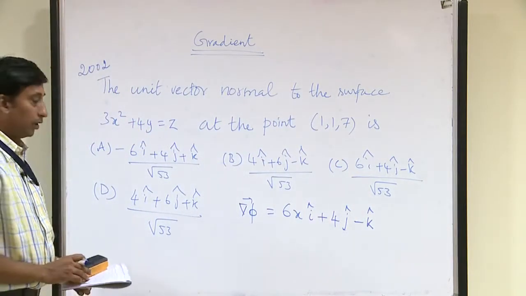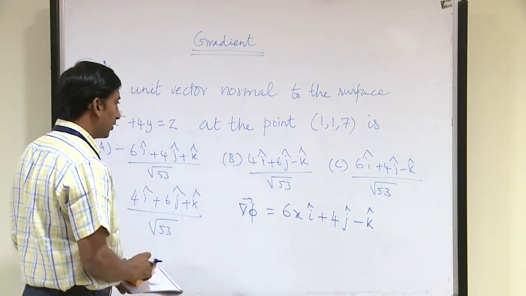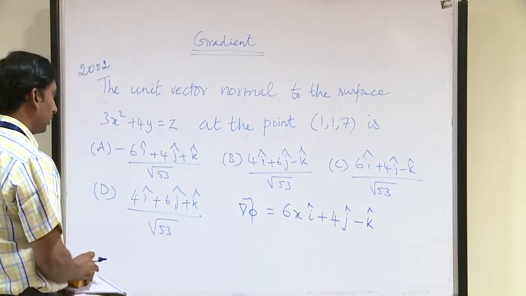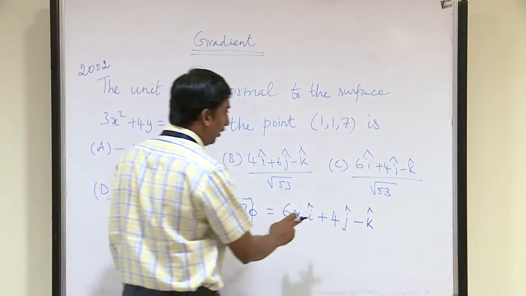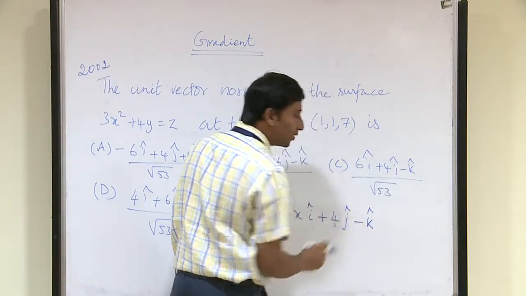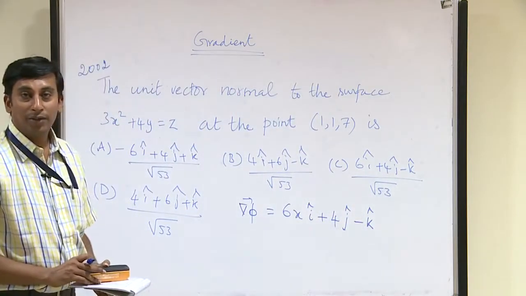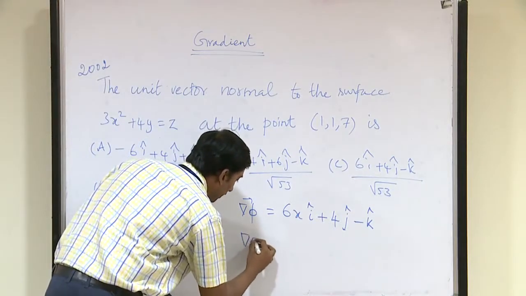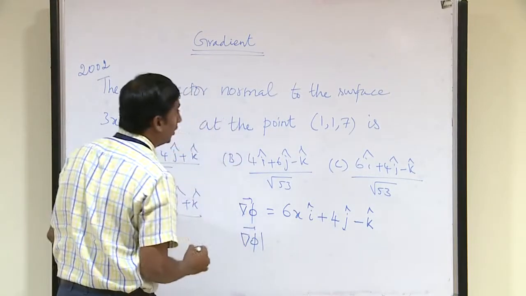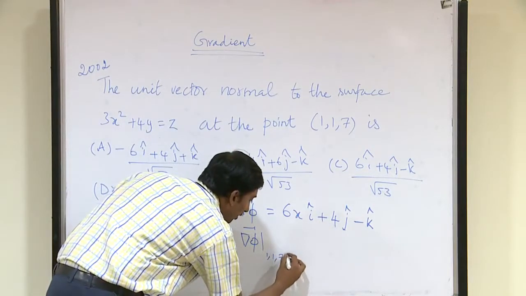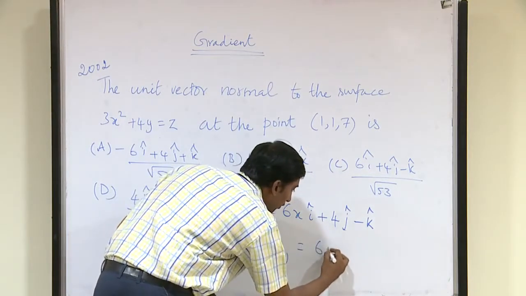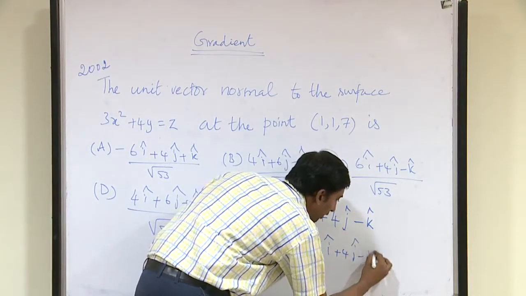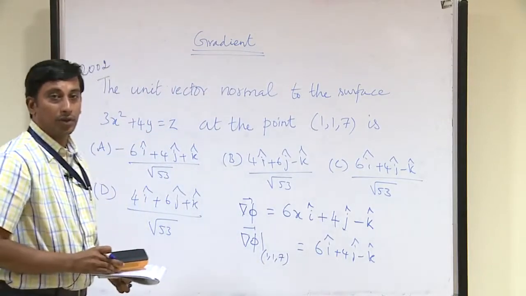Correct? Already from the answers given, can you make any guess? Partly you can make a guess because there is only one answer with 4j minus k. So what is the gradient of phi evaluated at (1, 1, 7)? There is only one term, so that gives you 6i cap plus 4j cap minus k cap. So already the answer is there.